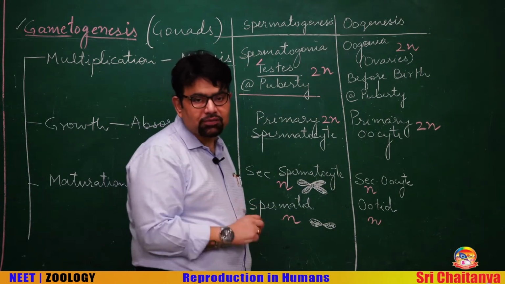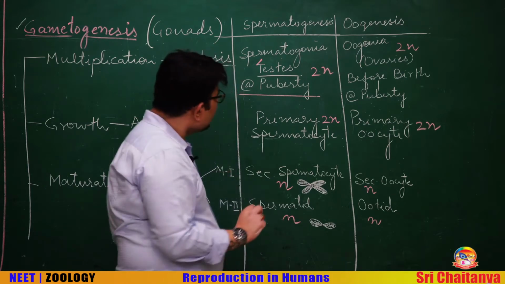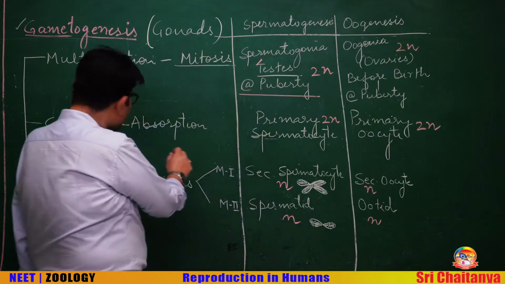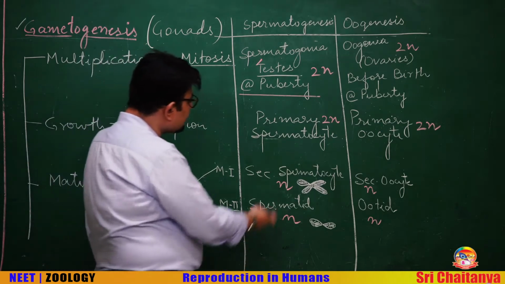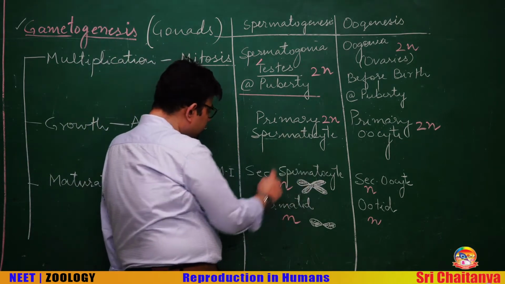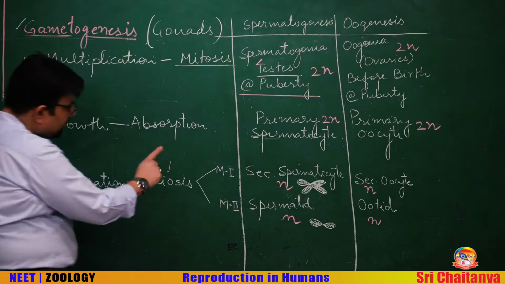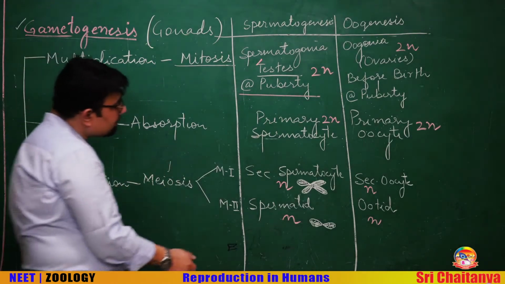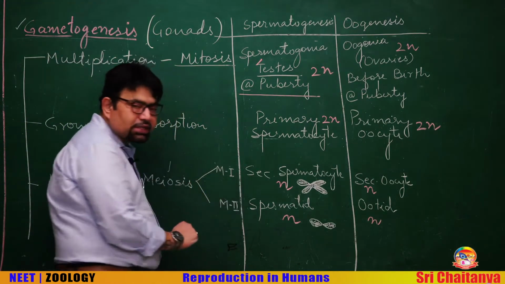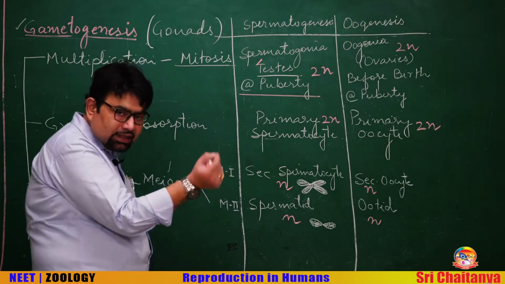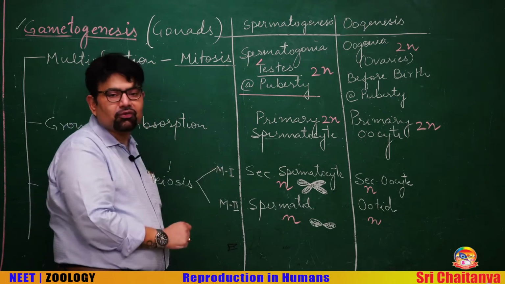Before puberty, no spermatogenesis. Then after the growth phase, they become the primary spermatocyte, and then in the maturation phase, meiosis 1 division, they become secondary spermatocyte. Here is the reduction in the number of chromosomes.